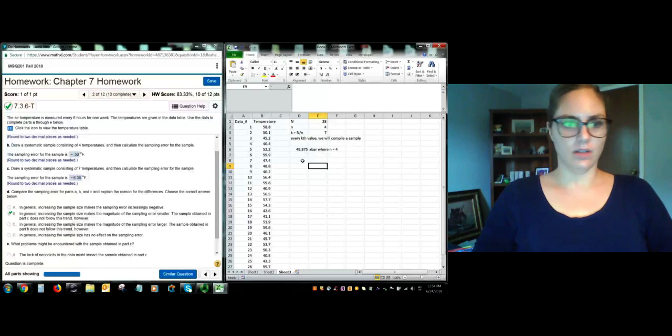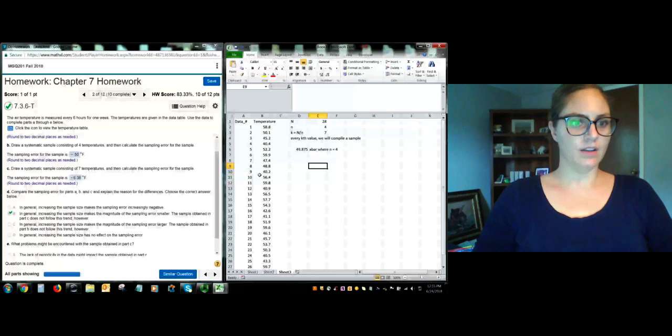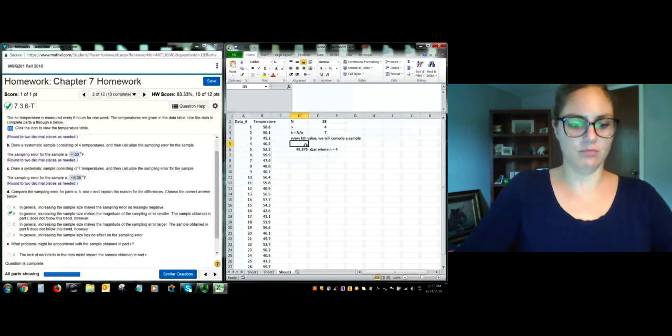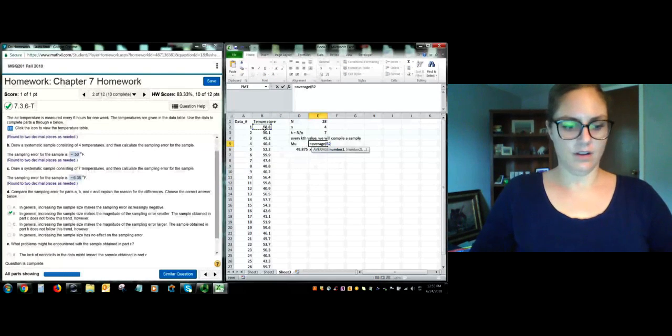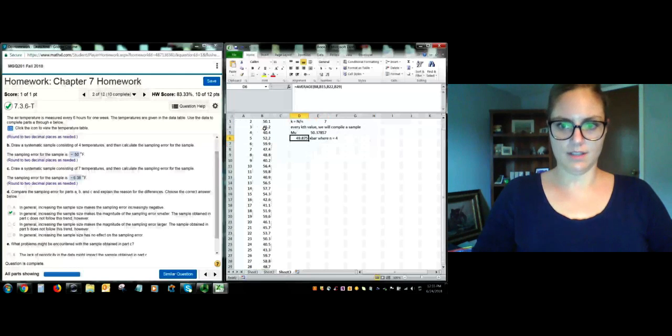In this particular case, we're going to calculate the sampling error for the sample. So remember, this is x bar. I need to find mu. If I have this entire population, mu is going to be equal to the average of all of these.